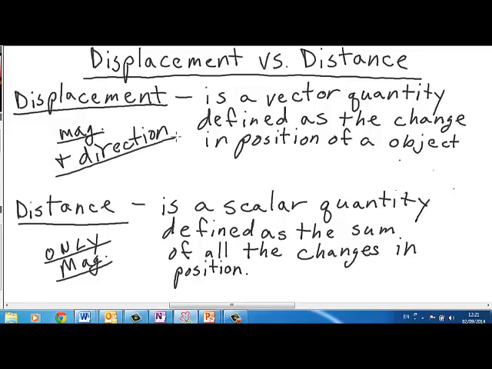Okay? So if I have displacement, I know how far something was moved and where it was moved to. If I have distance, I know how far something was moved, but I don't know where it might have been moved to. It could be any direction.